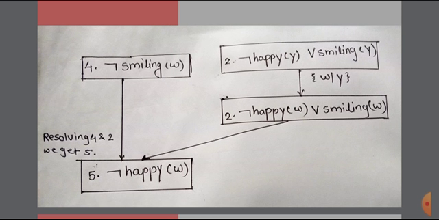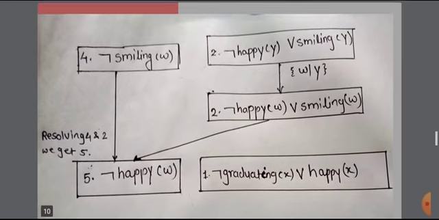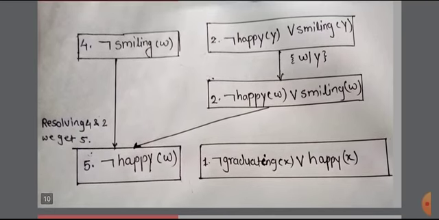For resolving it, we will again search for the clause which is the complement of negation of happy of W. For this, we have clause number 1 which consists of negation of graduating of X or happy of X. Here we have positive happy of X, and in clause number 5 we have negation of happy of W. Again we have the question of variables which are different in both clauses.